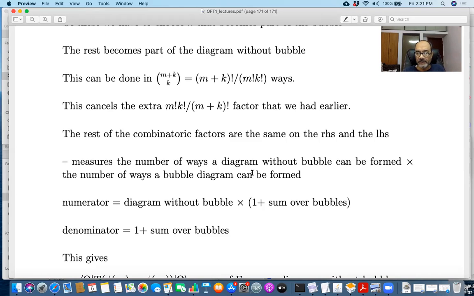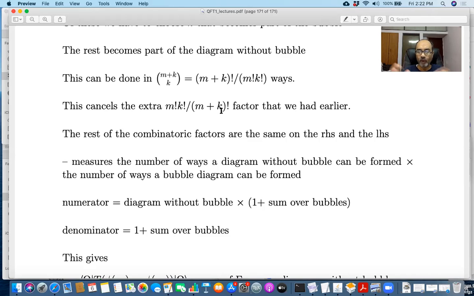But that calculation is common in both diagrams. The extra work involved in calculating the numerator, which is the total diagram, is in how many ways you can choose these k vertices that become part of the bubble out of m plus k. And that's what then establishes that indeed they are a product.